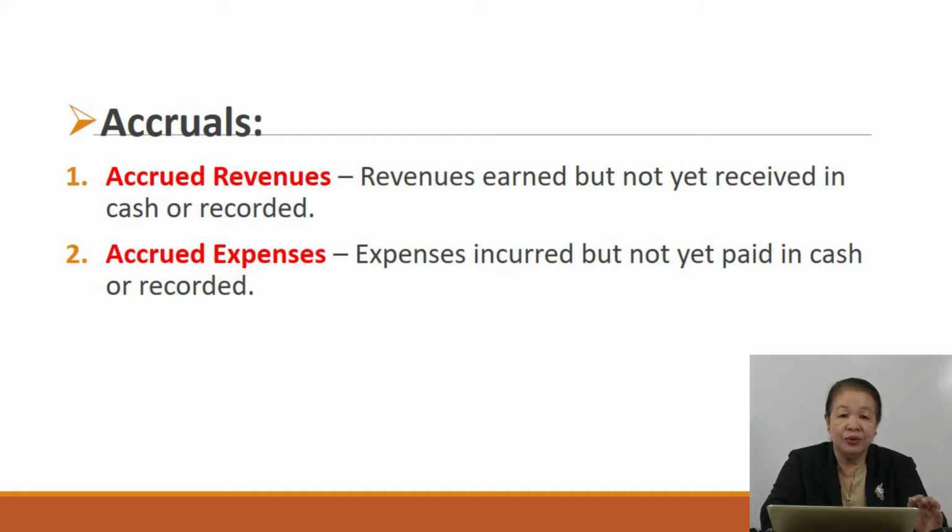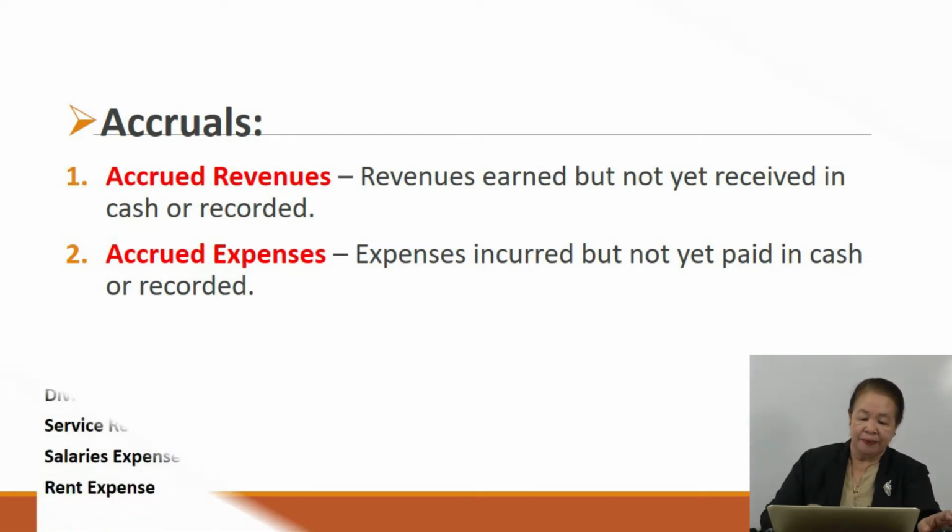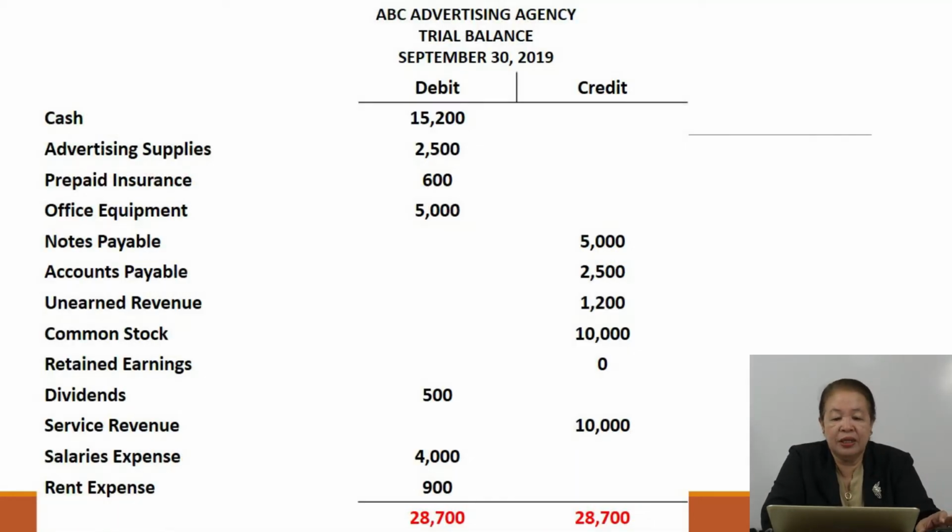Yung deferrals, advance yun na binayaran mo, advance din na na-receive mo yung income. So, yung accruals, utang na to. So, revenues earned but not yet received in cash or recorded, yun yung accrued revenues. Accrued expenses naman, gastos, expense mo na, pero hindi mo pa binayaran. Kaya may liability ka. This is the example of our ABC Advertising Agency.